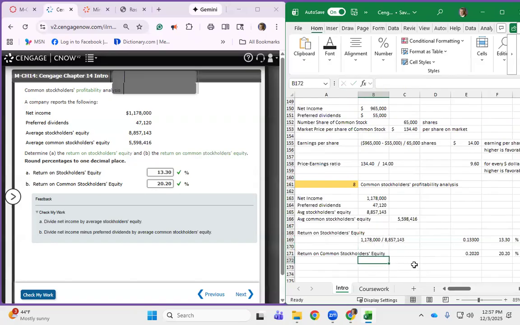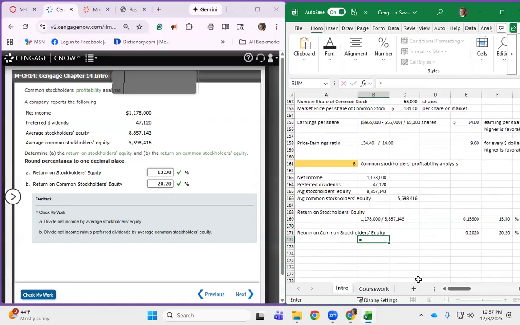Then down here, we take net income of 1,178,000 and subtract the dividends, which is 47,120, and put that in parentheses, and then divide by the 5 million there, the average common stockholders' equity, 5,598,416. And by the way, these are all dollars.